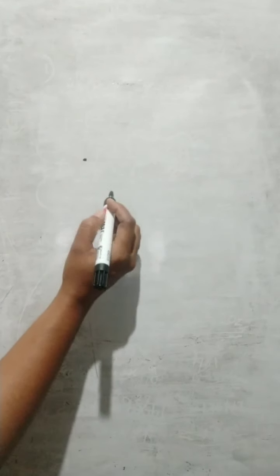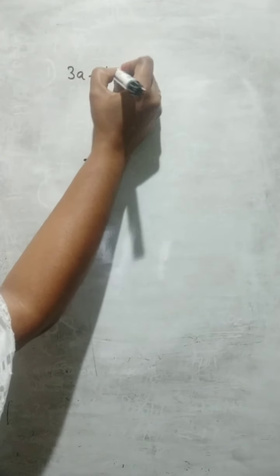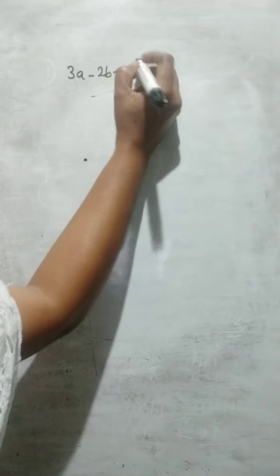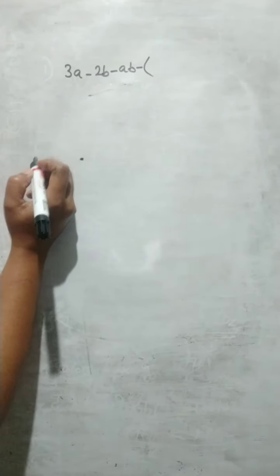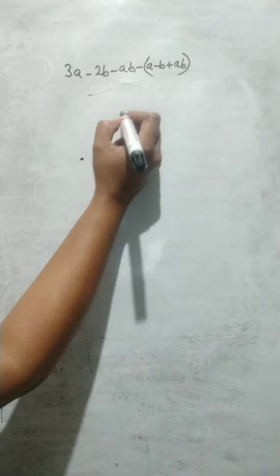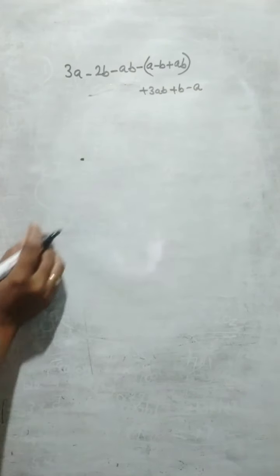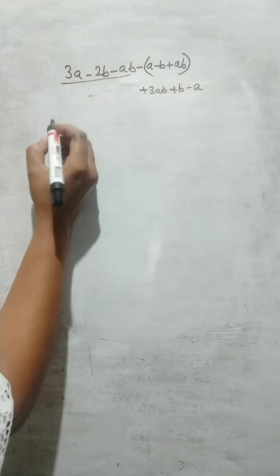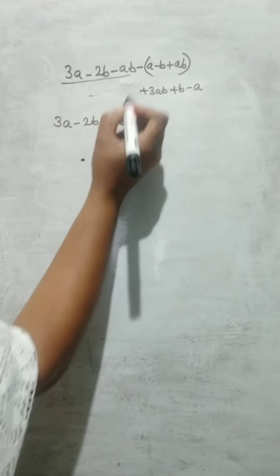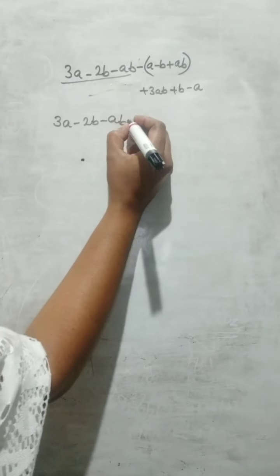Next question is 3a minus 2b minus ab, then minus of a minus b plus ab, plus 3ab plus b minus a. First we can write 3a minus 2b minus ab. Then bracket and negative is there. So inside the bracket positive a will be negative a.